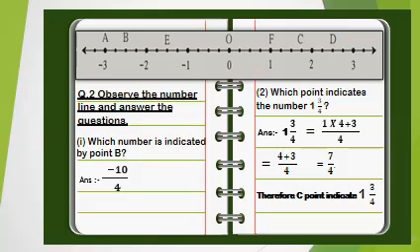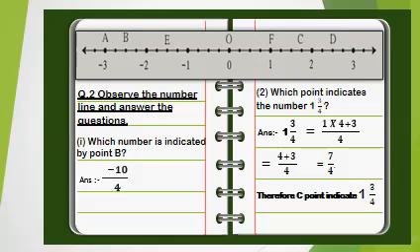Our first question is, which number is indicated by point B? To find this, first we will find where point B is located. It is located on the left hand side, which means the answer will be negative.